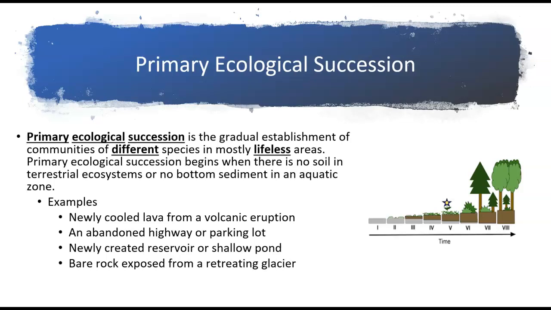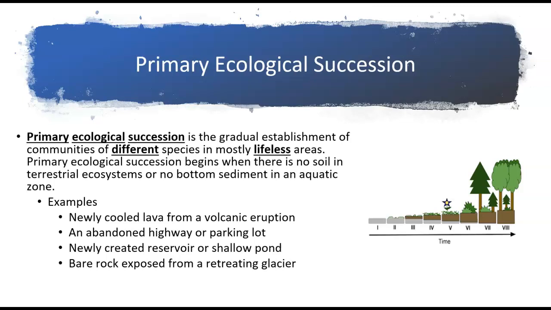Some examples of where primary ecological succession would take place include newly cooled lava after a volcanic eruption. There was never any type of anything living there. It's fresh, brand new rock that has to develop and has to grow new things eventually.